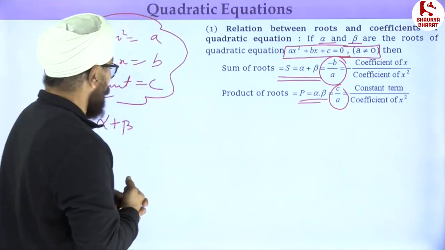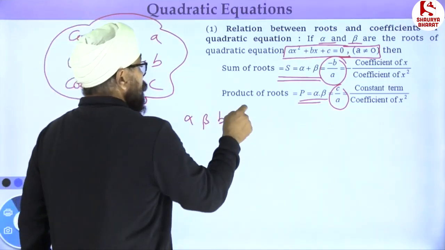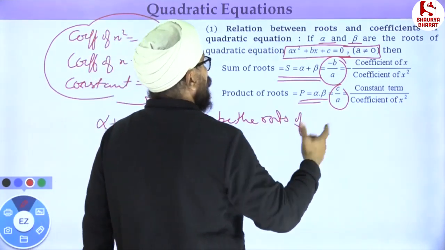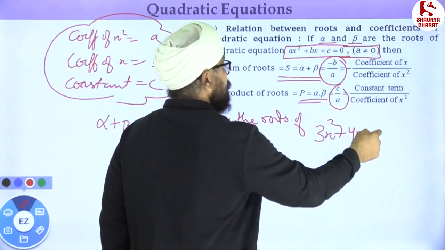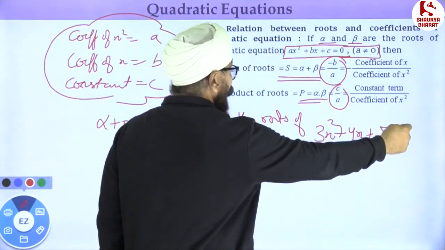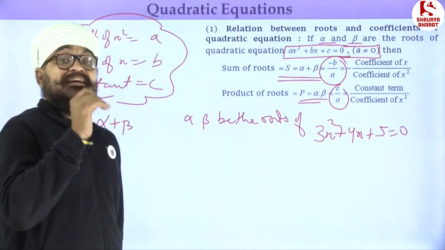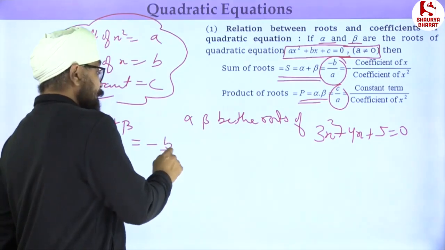Let me tell you one example. If alpha and beta are the roots of a quadratic equation, we can take, like, 3x square plus 4x plus 5. Without finding the roots we can find their sum, which is equal to minus b upon a.